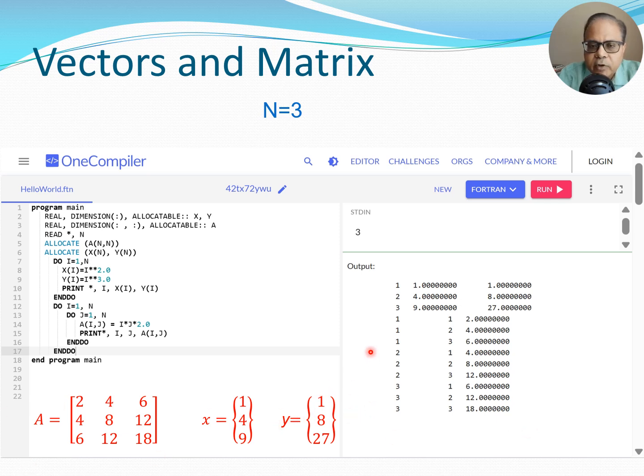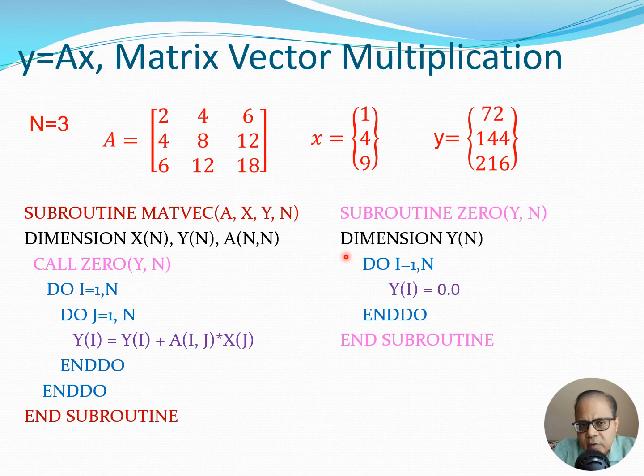So now I'm going to create a subroutine which multiplies A and x. So let's try to do that. Matrix vector multiplication is a very important problem which we often do in many numerical analysis situations, whether it is optimization, machine learning, or numerical computation.